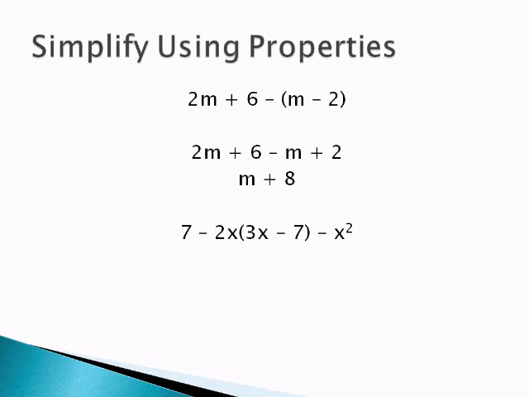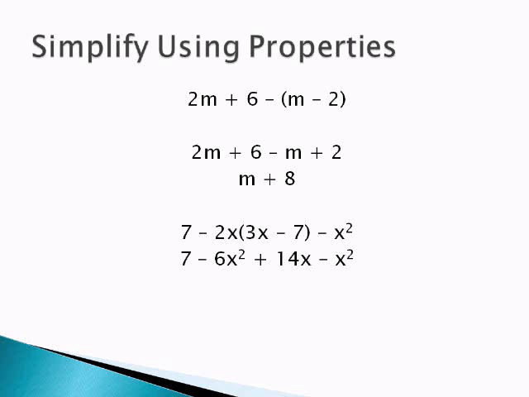Here we have a number in front of parentheses, so we're going to multiply that 2x, and the negative is going to come with it, so it's actually negative 2x that is going to be multiplied through the parentheses. When I do that, we get negative 6x squared plus 14x. Now I have to take a moment to look for like terms. X squareds.